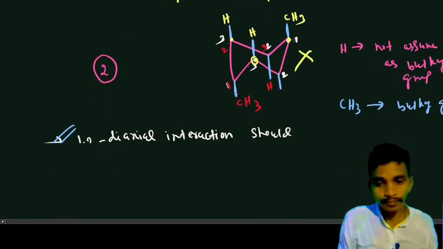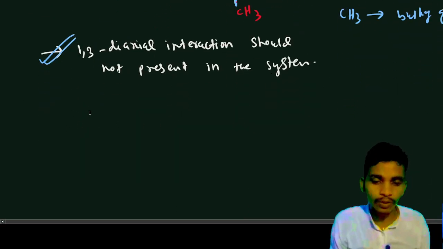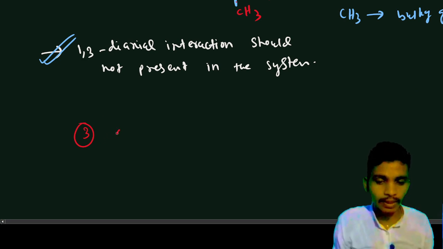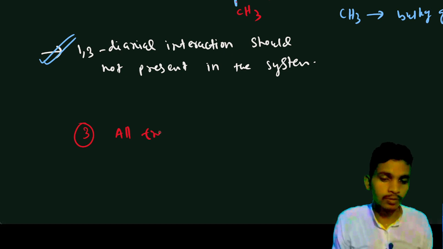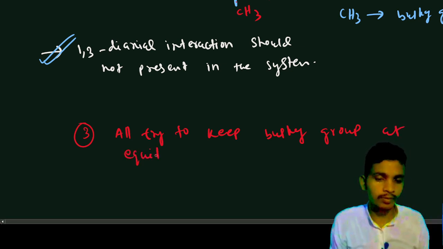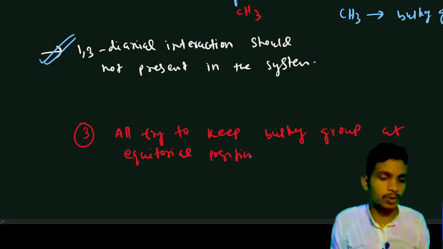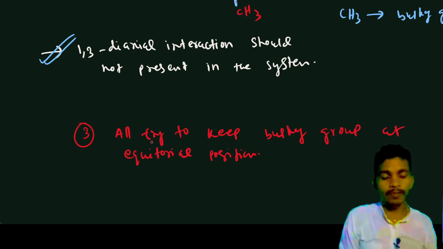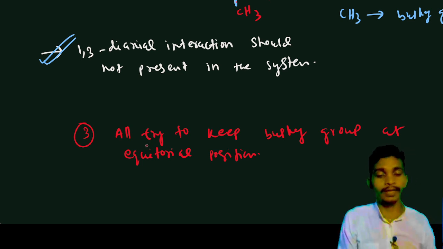And what you should do is always try to keep bulky groups at equatorial positions, so that there are no 1,3 diaxial interactions.